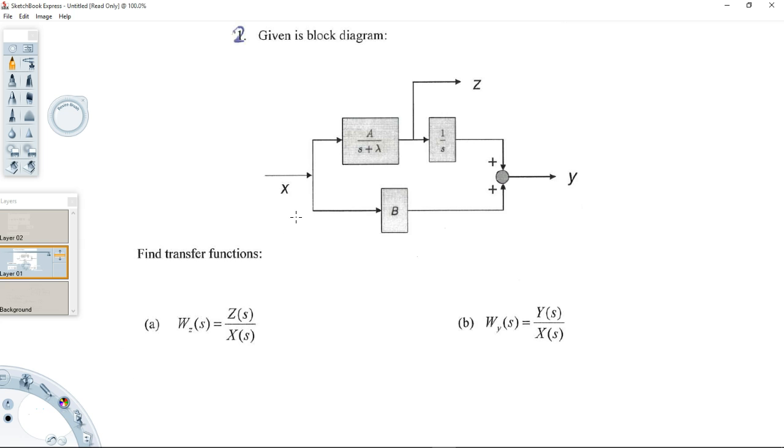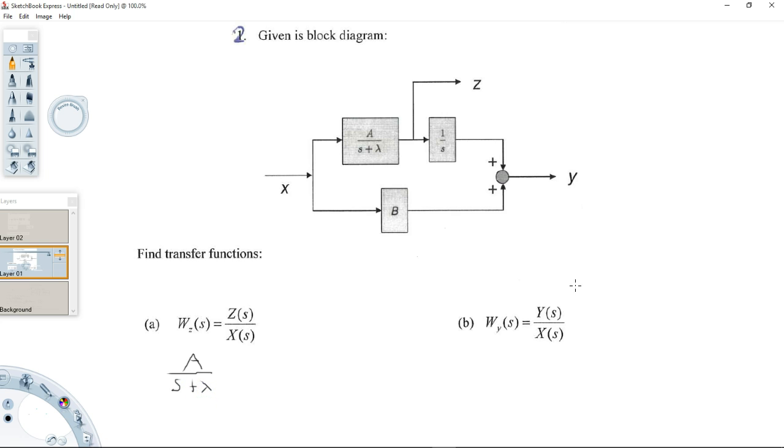So for this particular problem, they're asking you to find the transfer function of z over x. You know transfer functions are equal to the output over the input. So in this case, the output is z and the input is x, so the transfer function must be this block right here.